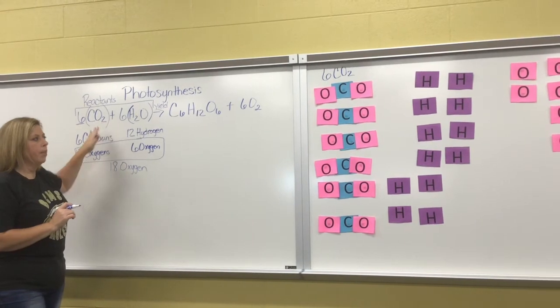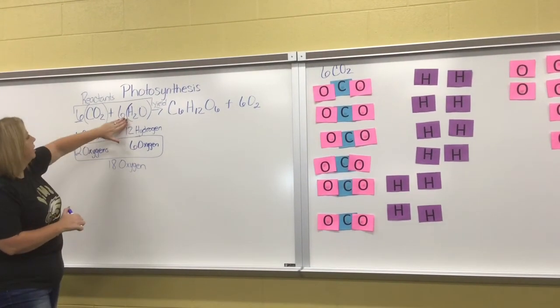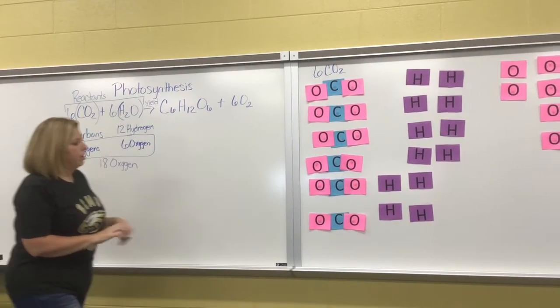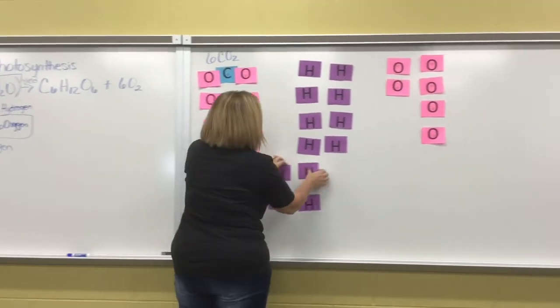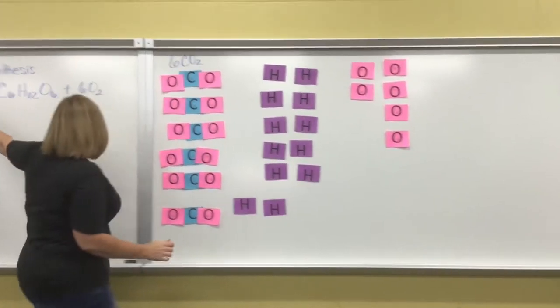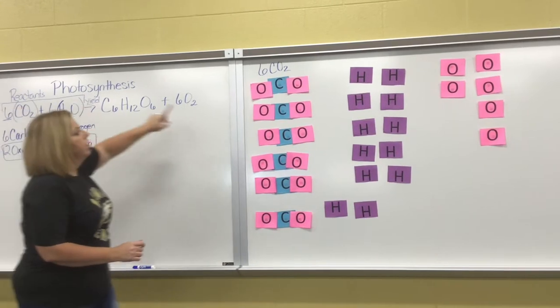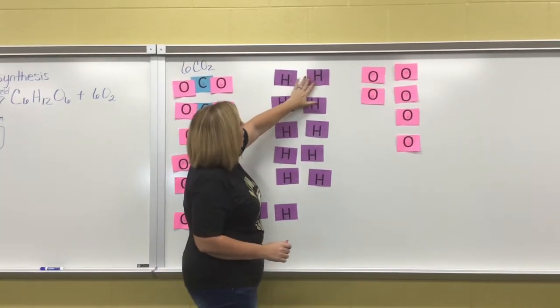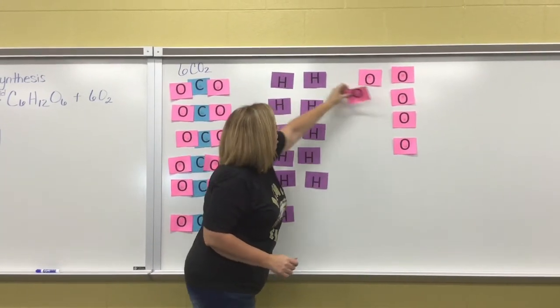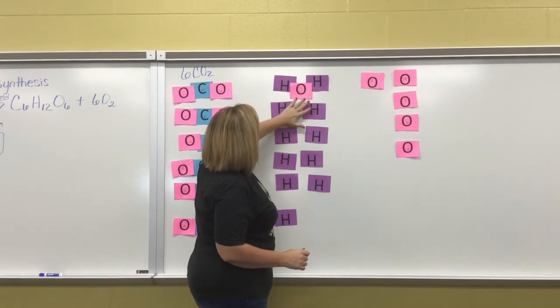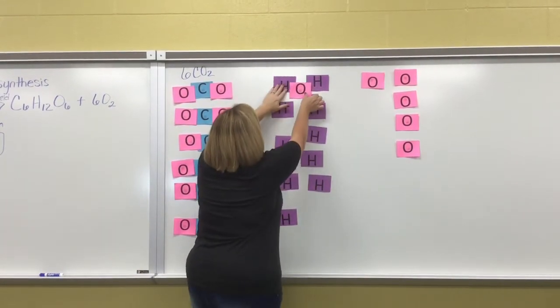Okay? Now I've got to build 6 waters, 6 H2Os. So the 2 goes with the H, so that means I'm going to have 2 hydrogen and 1 oxygen for every water molecule. So there's 1 water molecule.